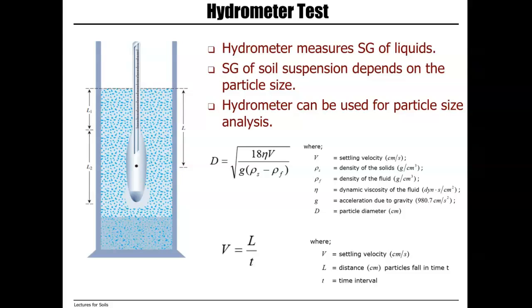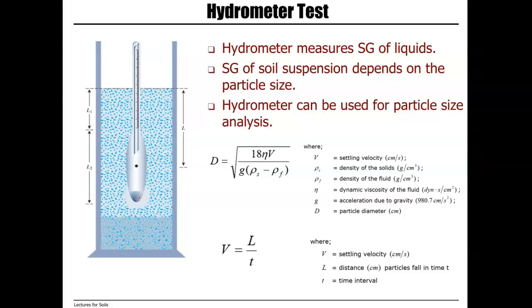This is a hydrometer, and a hydrometer generally is used to measure a specific gravity of liquids, and it can also be used to measure a specific gravity of soil suspension. So we make a soil suspension and then use the hydrometer that you see in this slide to do the particle size analysis.